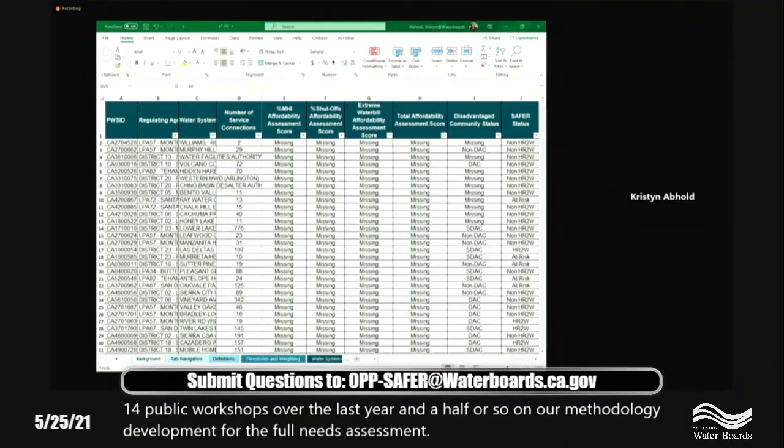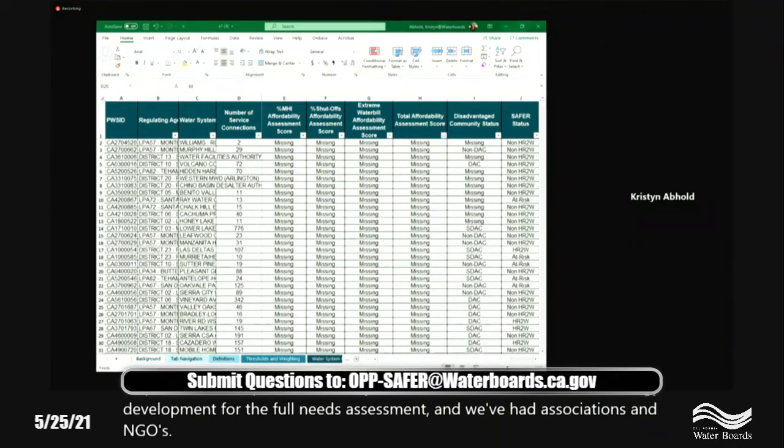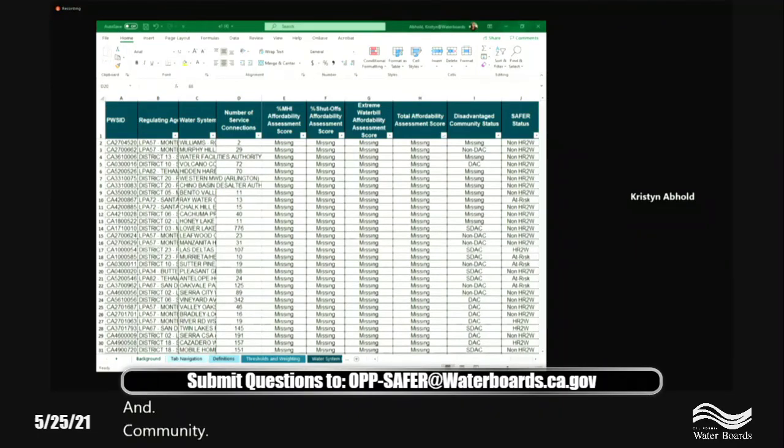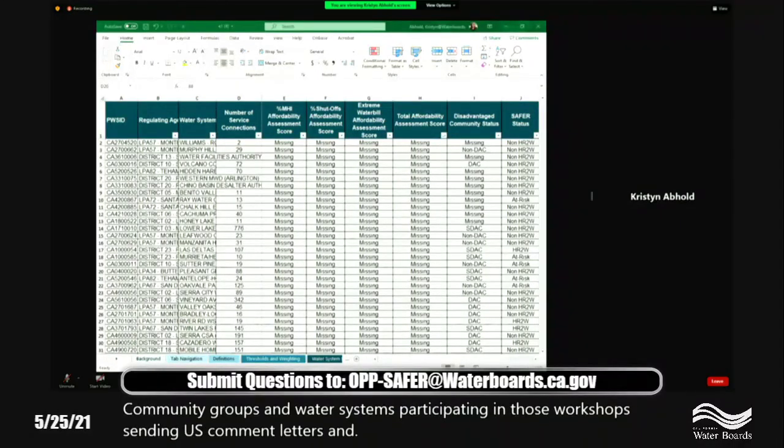And we've had associations, NGOs, community groups and water systems participating in those workshops, sending us comment letters and feedback that really helped us refine our risk assessment methodology.